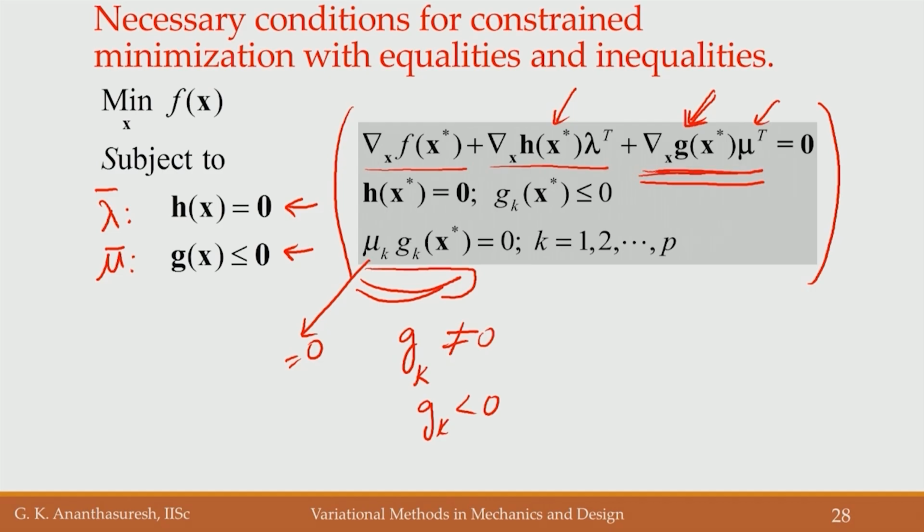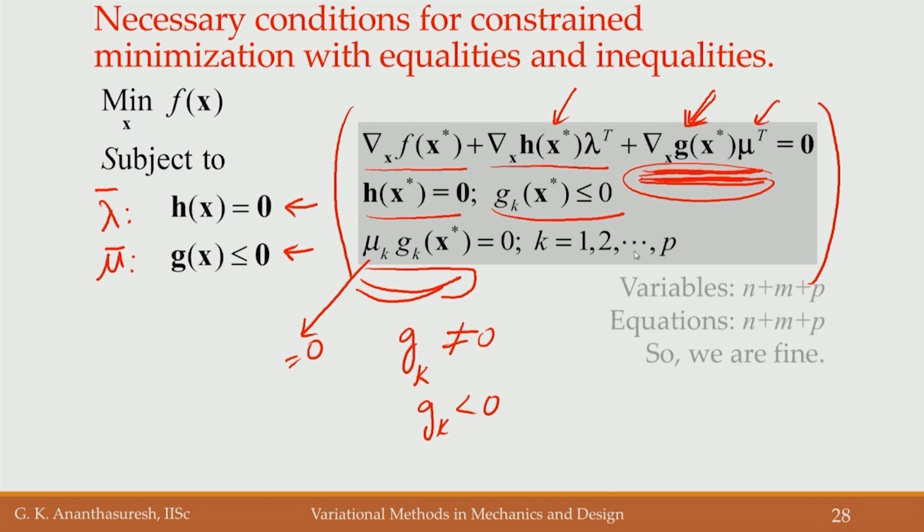We can write it in general, irrespective of whether a particular inequality constraint is active or inactive, we can add this term without any problem. And then we put the feasibility: the equality constraints must be satisfied, with the inequalities less than or equal to, and then we have these complementarity conditions. All of these put together, there are n here, and these are not equations, they are inequalities, we do not count them, just this part will give me m, but these are equations.